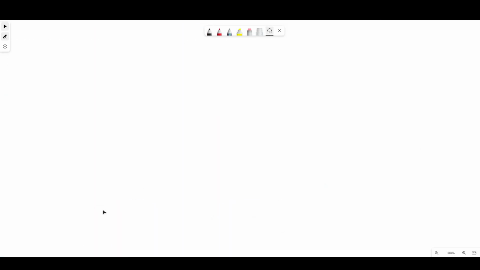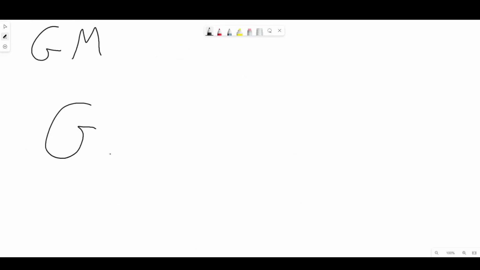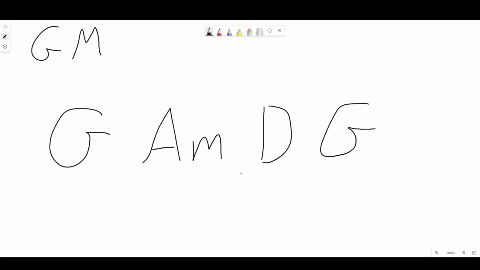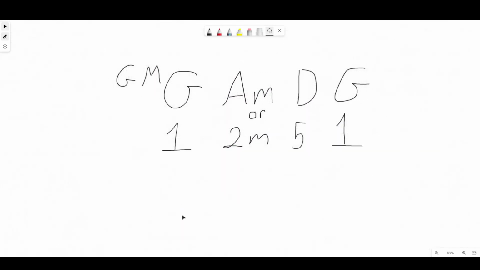For example, if we take the key of G major and we make a simple progression, in this case, all that's being played is a G, A minor, D, and a G, which is the 1, the 2 minor, and the 5, and the 1.